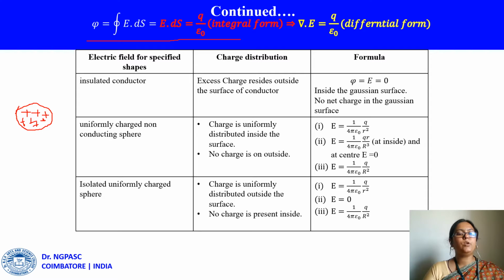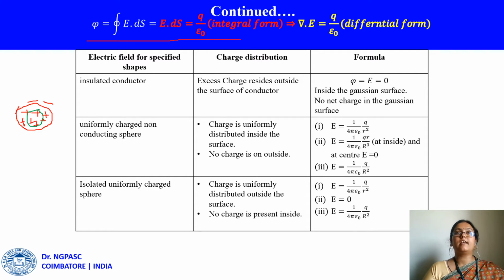The charges will be rearranging in such a way that they cancel each other, because here positive is there, so outer will be negative, and they will do some mechanism which will make the net charge inside the insulated conductor zero.